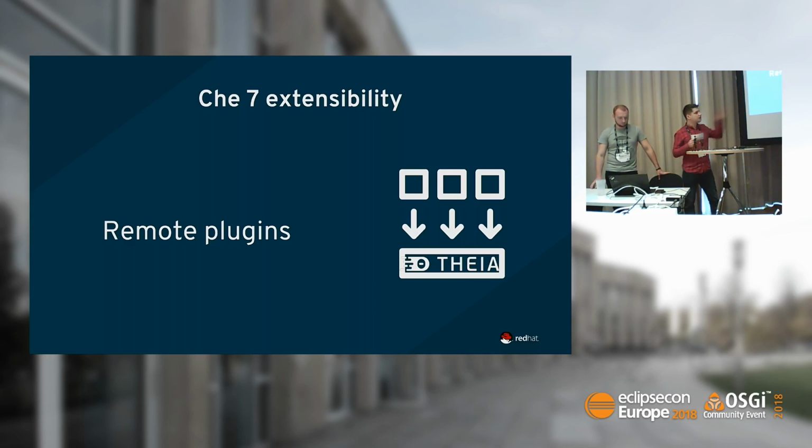So we can run your plugin in a sidecar container, and this sidecar container would have all the dependencies you need for your plugin. Then Theia would connect to that remote plugin and communicate with it like it would communicate with the local one. It would not even recognize it.